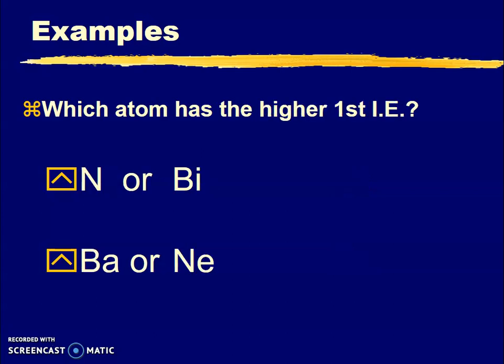All right, how about higher first ionization energy? Pause the video here and compare to see which answer goes with both of these. Out of these two comparisons, N has a higher first ionization energy than Bi, and Ne has a higher one than Ba.